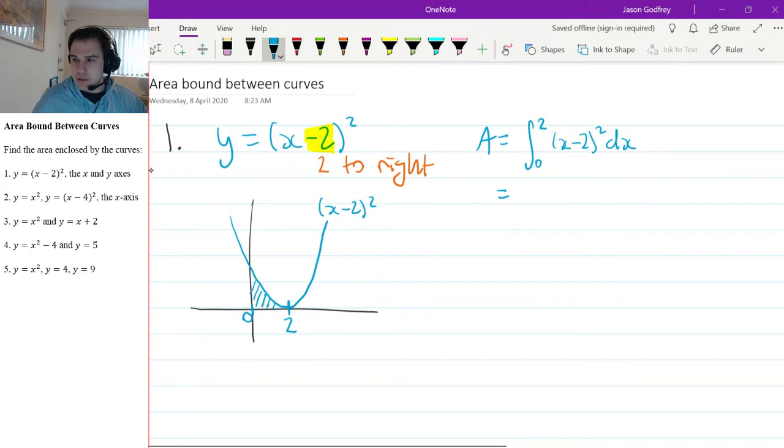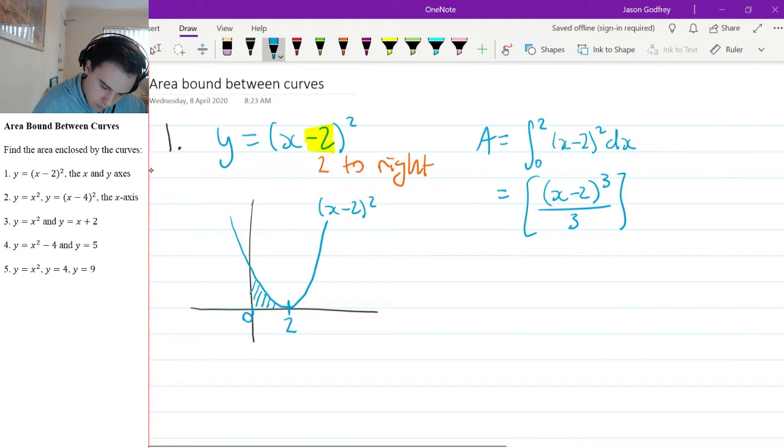But since the function inside, x minus 2, differentiates to 1, if we think of this as a reverse chain rule, x minus 2, the whole thing's squared, so add 1 to the power is 3, and divide by the new power of 3, and also divide by the derivative of the brackets, which is 1, so it's unchanged.